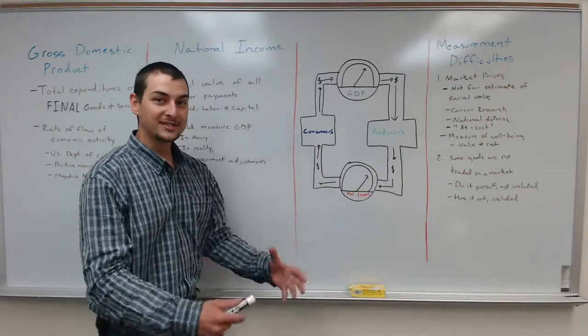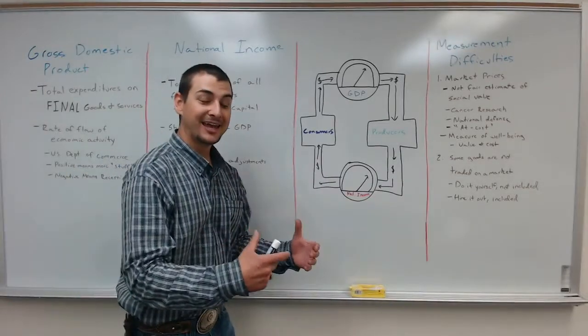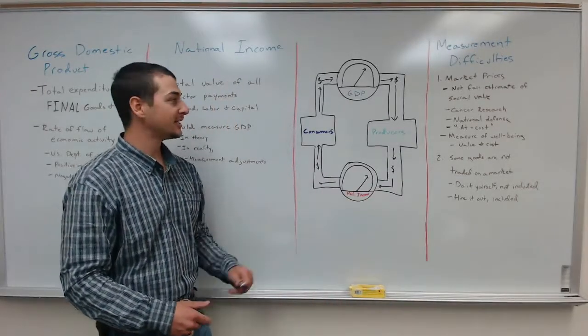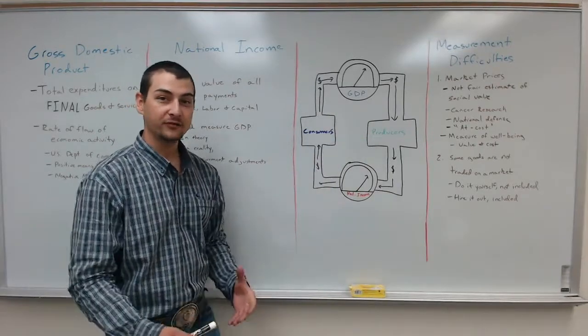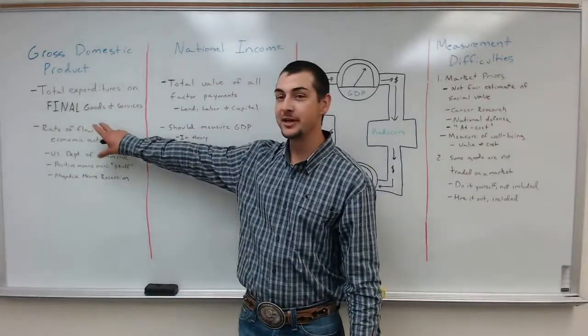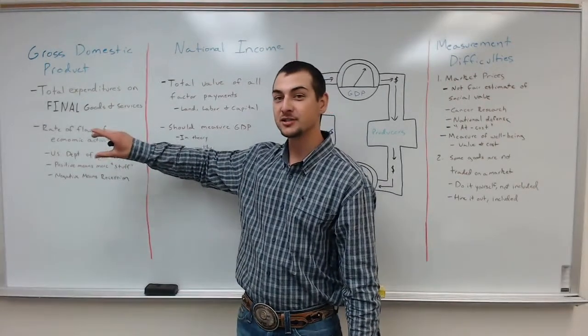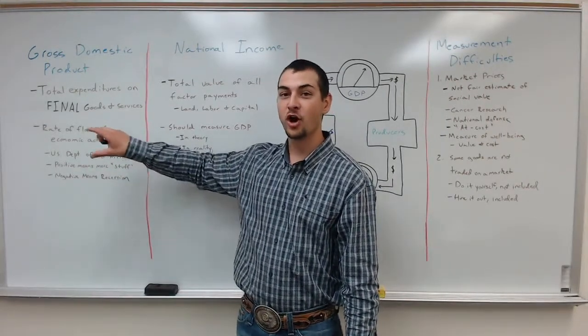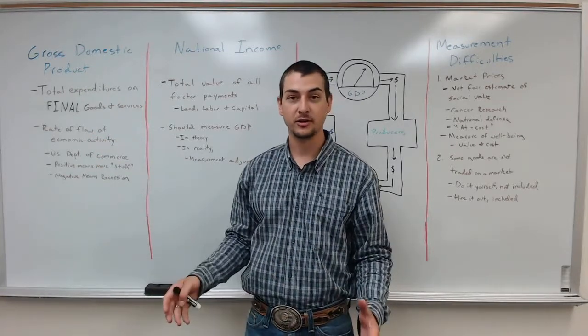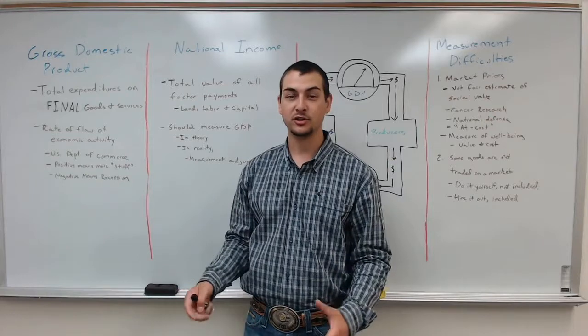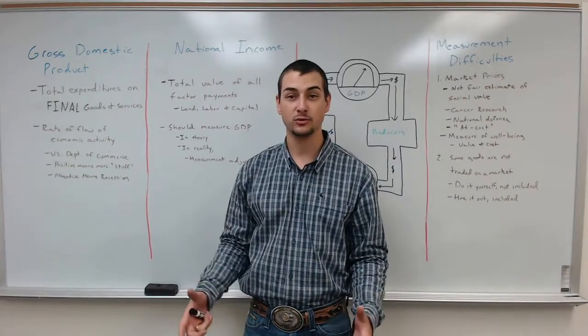What is that rate? Well, that's that economic activity of the United States. That is the rate at which people are buying stuff. So whenever we talk about GDP, what we're doing is we're placing a dollar figure on all of the stuff that we are going to buy within a given year, within a given calendar year, or fiscal year.